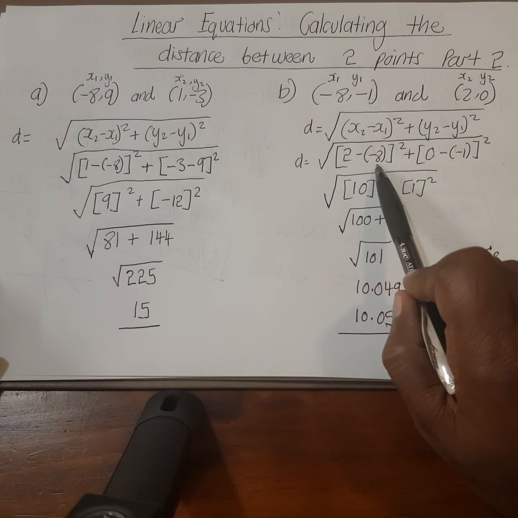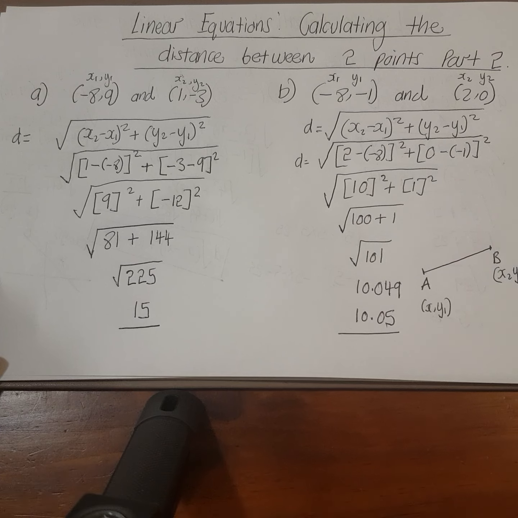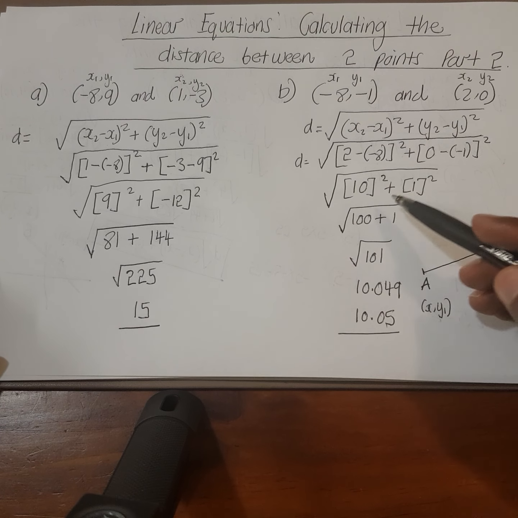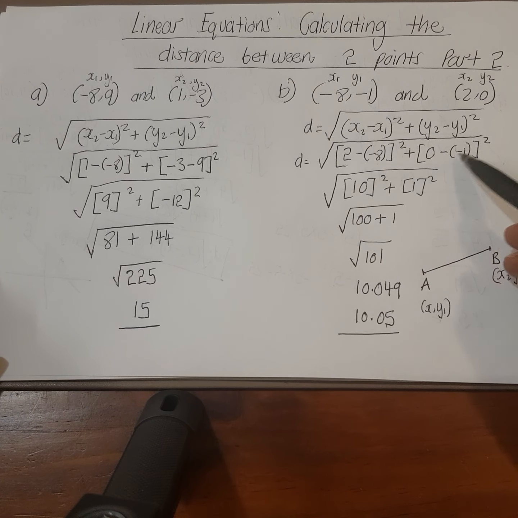So you add them. So 2 minus -8 becomes 2 plus 8, which becomes 10. And 0 minus -1 becomes 0 plus 1. All right. So 10 squared plus 1 squared, 100 plus 1. And that's going to be 101, and you find the square root, which will give you that. All right. So that is how you calculate the distance between 2 points.